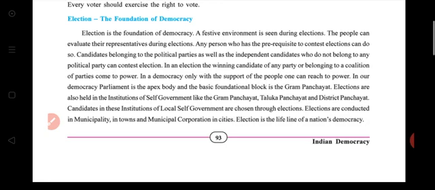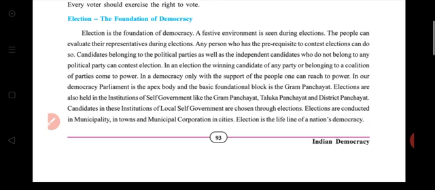Candidates belonging to political parties as well as independent candidates who do not belong to any political party can participate in election. In an election, the winning candidate of any party or the coalition of parties comes to power.